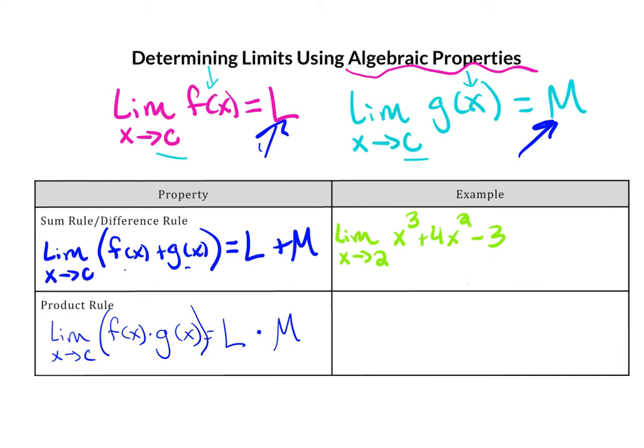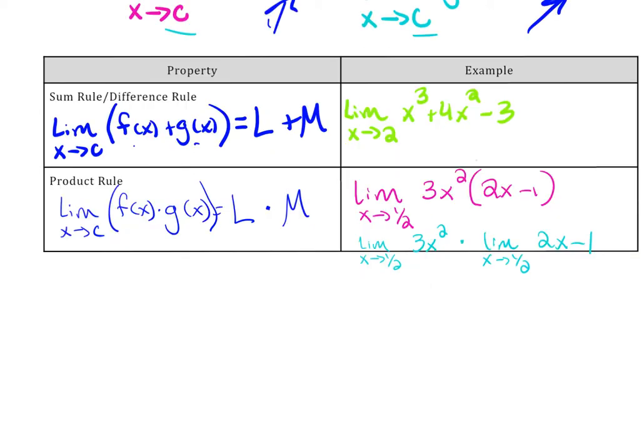So an example is the limit as x approaches 1/2 of the function 3x squared times 2x minus 1. Just like the last one, you can break that apart. So I could have the limit as x approaches 1/2 of 3x squared times the limit as x approaches 1/2 of 2x minus 1.